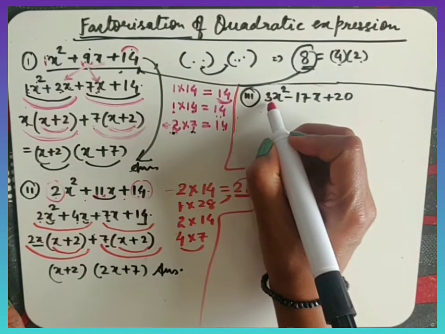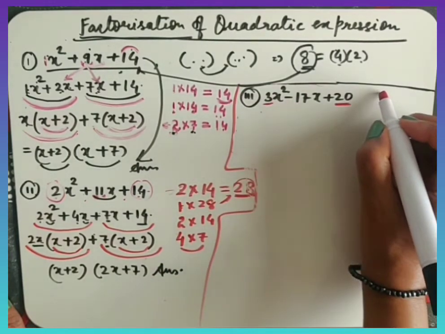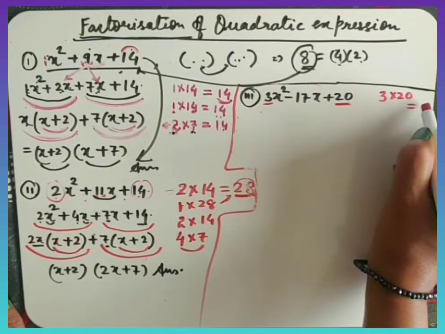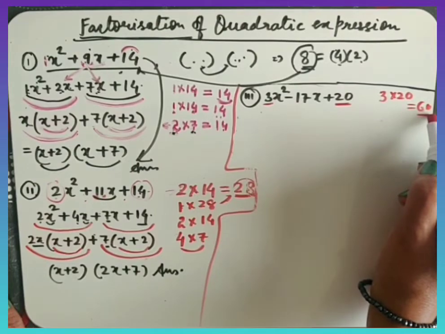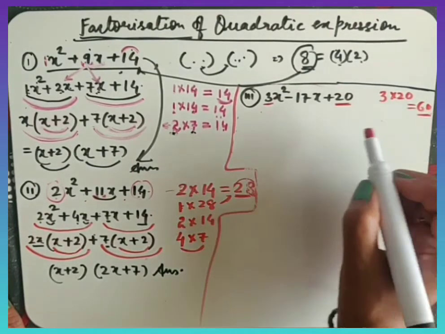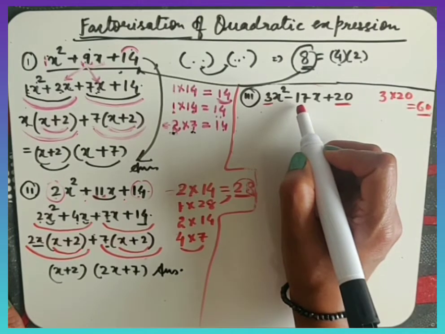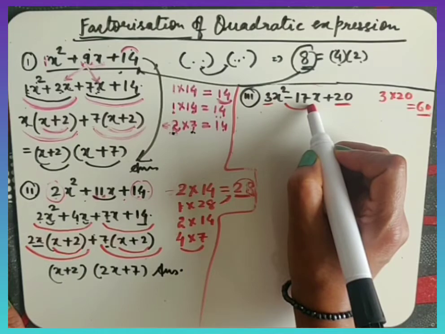The coefficient of x square is 3 and the last term is 20. So multiply 3 and 20, it will give you 60. Now find all the factors of 60, and at the same time think that two factors should give you minus 17 by adding and subtracting.